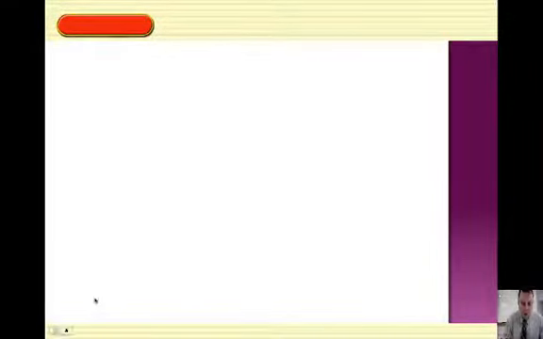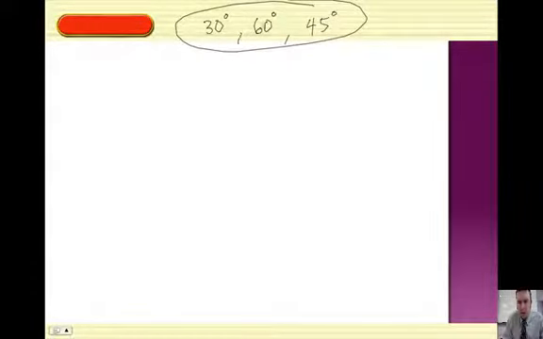If there's anything dealing with 30 degrees, 60 degrees, or 45 degrees, like sine of 30 or sine of 60, cosine of 45, tangent of 60, anything I can give you with these three numbers, you have to be able to tell me an exact answer.